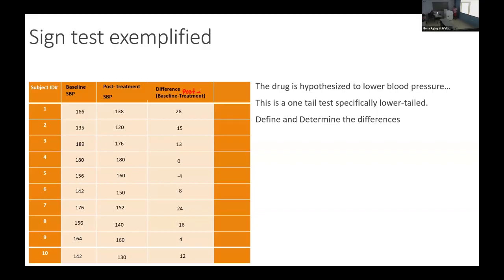After treatment, their blood pressure went up a bit to 160, and so the difference for them is -4. So we've defined and determined our differences. Let's think about it. The hypothesis is that the drug lowers blood pressure. If the drug lowers blood pressure and our difference is defined as baseline minus post-treatment, what do we expect? Do we expect more positive or more negative differences?